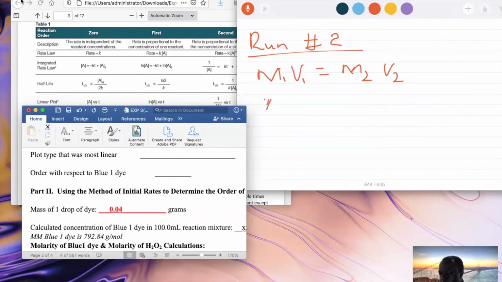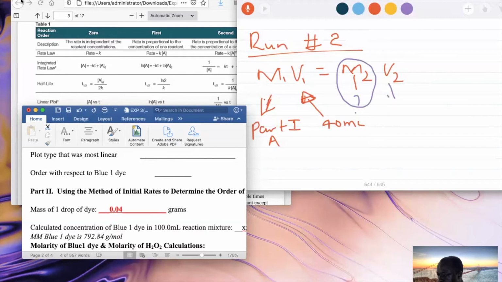This is from part 1A, you should know it by then. This is 40 ml because you are taking 40 ml of stock solution. This is now the one we are looking for.